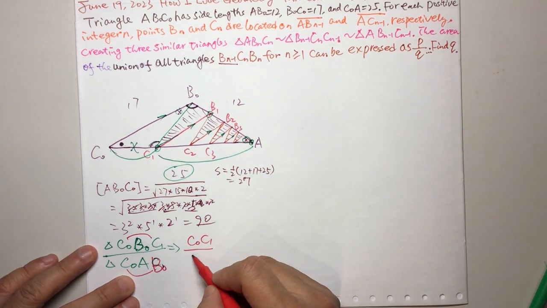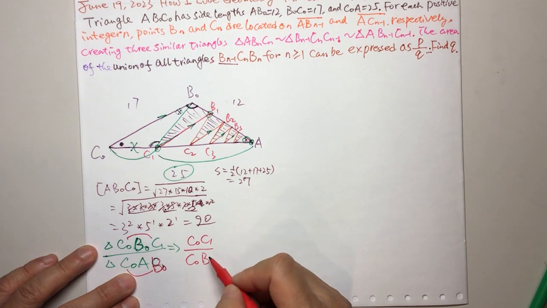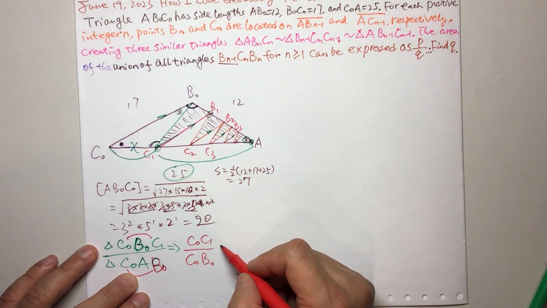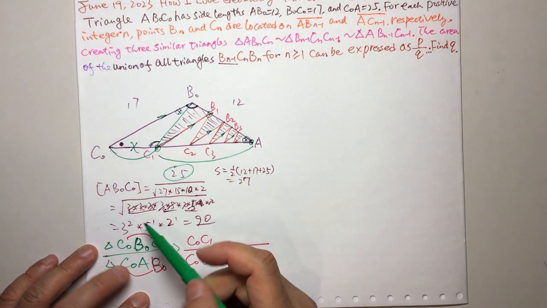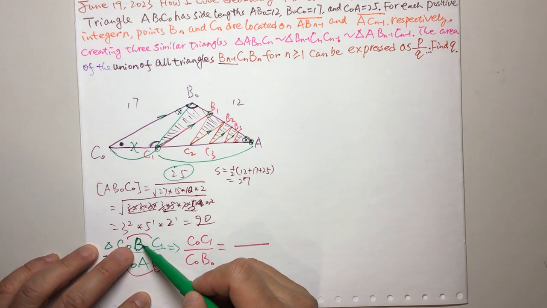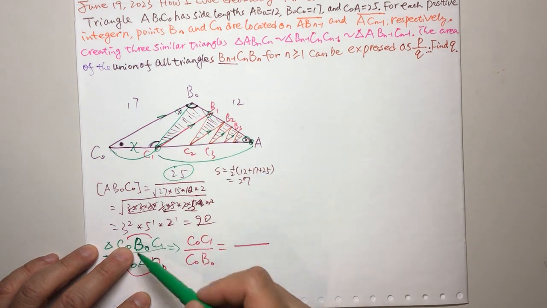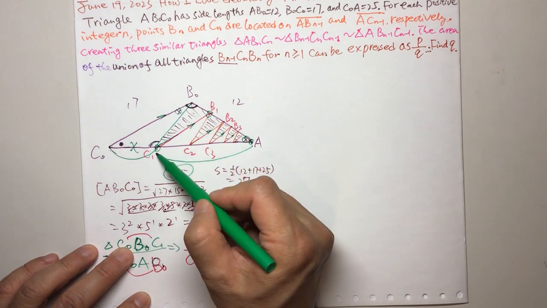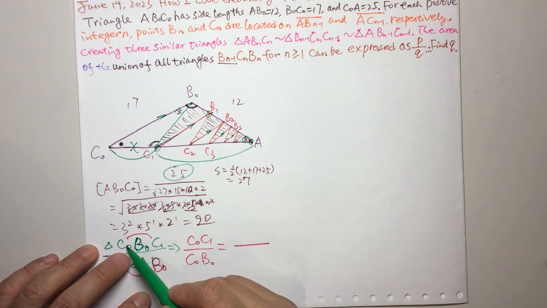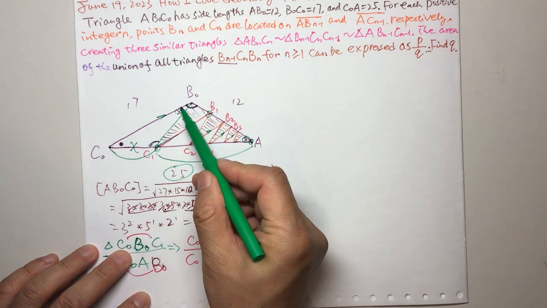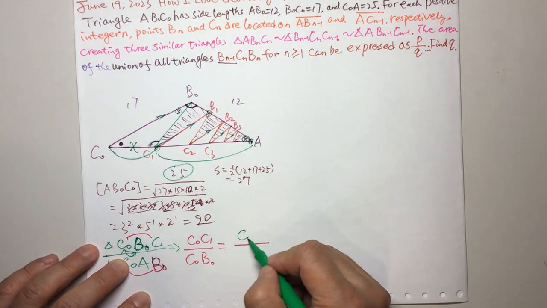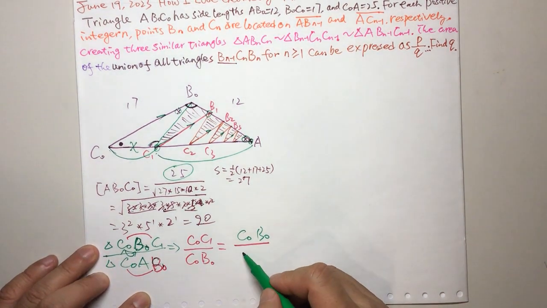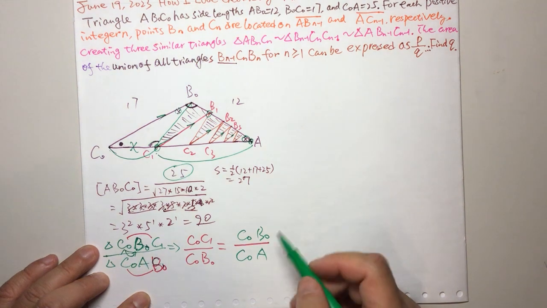So we will get C0, B0. And finally, second, if we use B0, C1, we don't know how long that is, but we know C0, B0, right? The first one and the two, C0, B0, so C0, A, right?